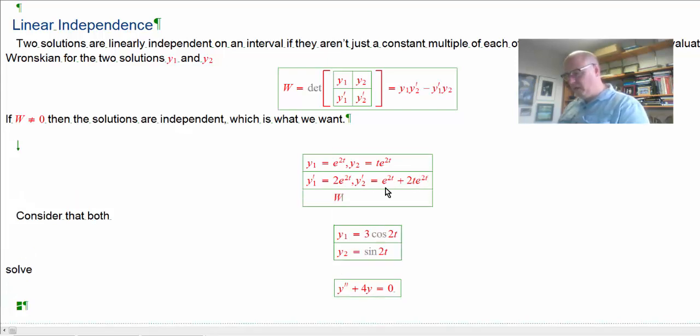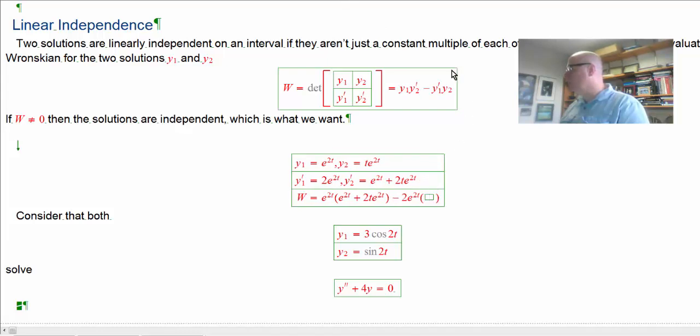So the Wronskian is going to be equal to y1 times y2 prime minus y1 prime times y2.